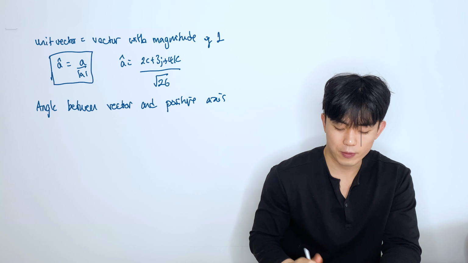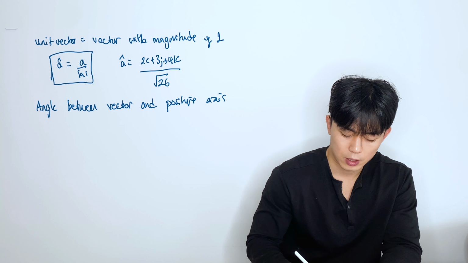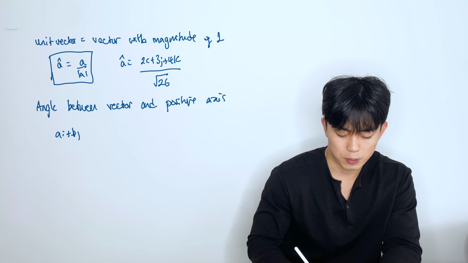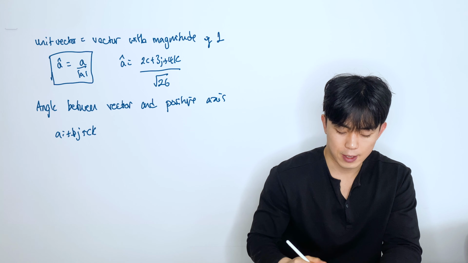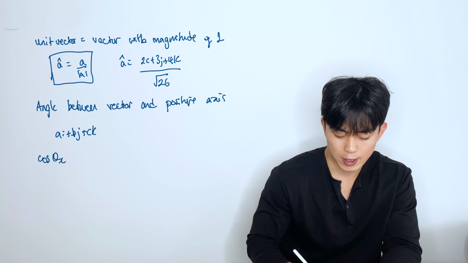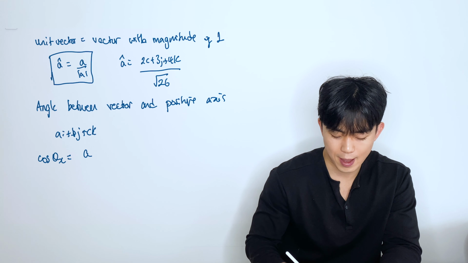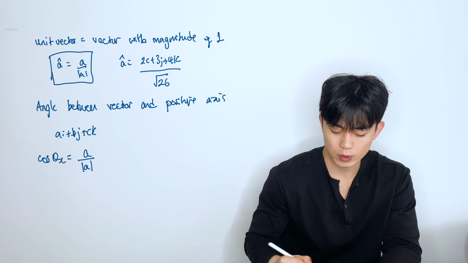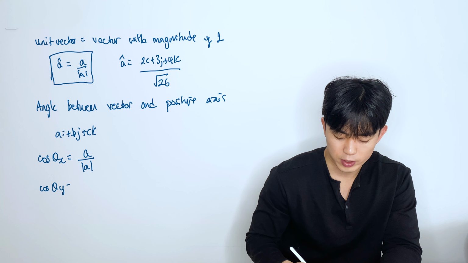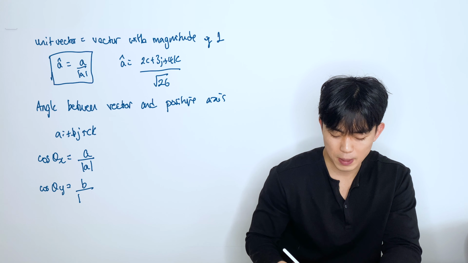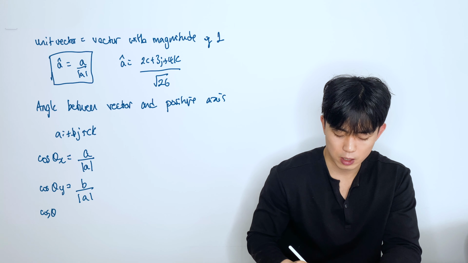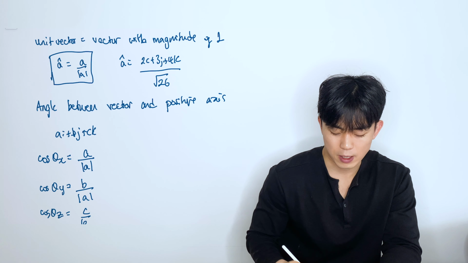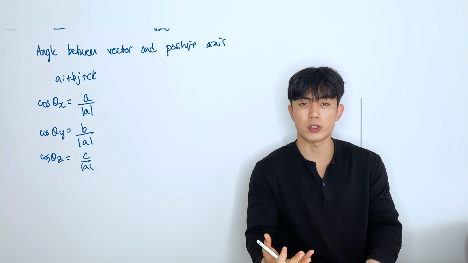Okay, so if we have a vector in the form, let's call it ai plus bj plus ck again, then cos theta x is equal to the a value over the magnitude of A. The value cos theta y is equal to b over the magnitude of A, and cos theta z is equal to c over the magnitude of A. Right, this might seem a bit confusing, but I'll explain now.